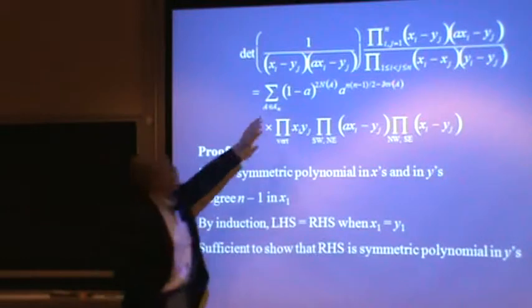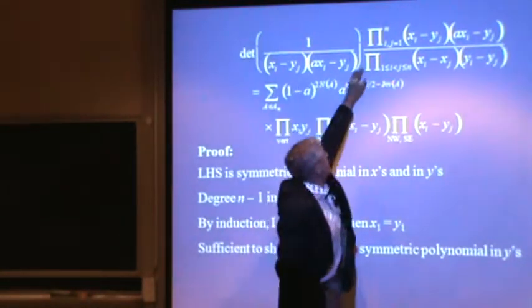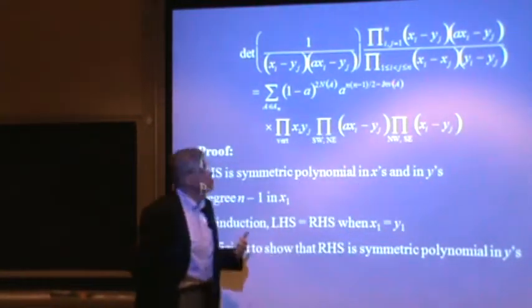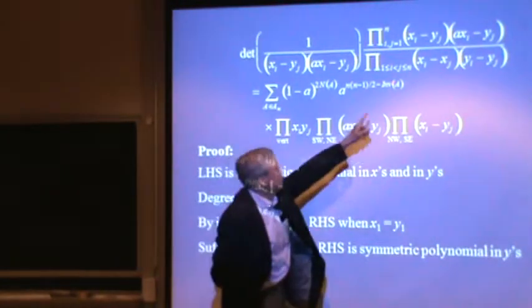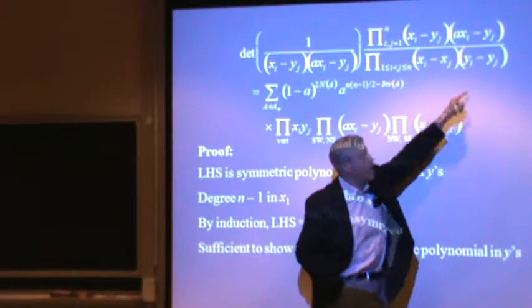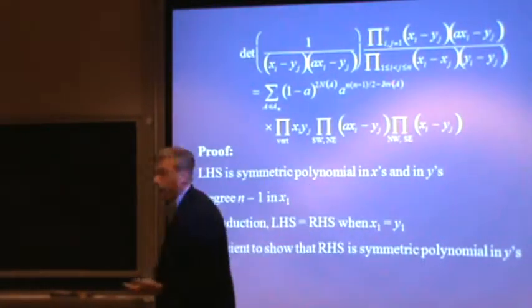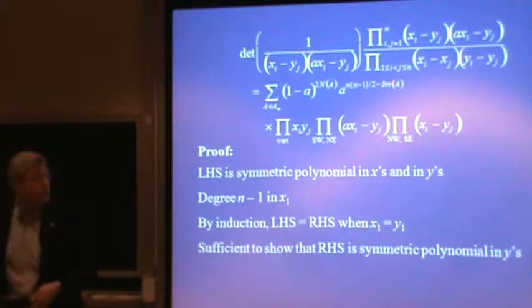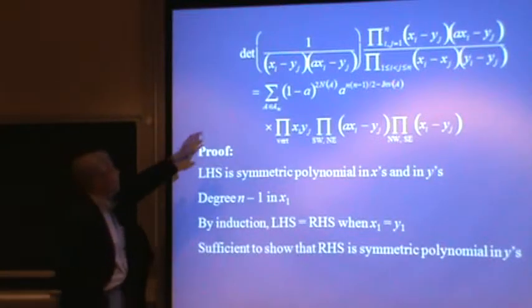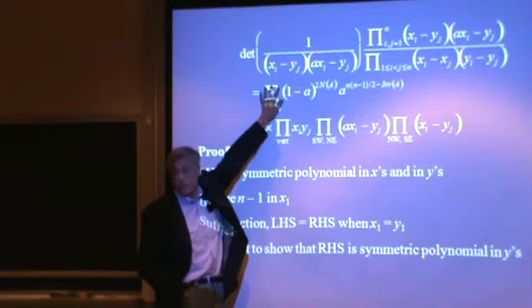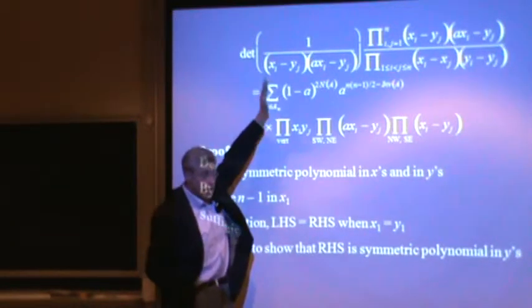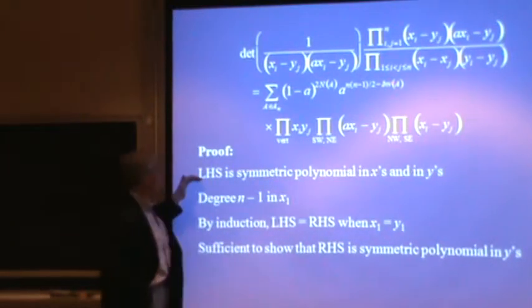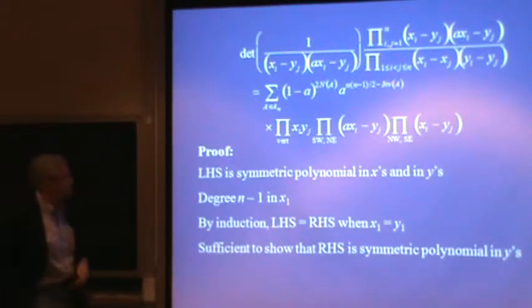And that means that this polynomial that you get when you multiply the determinant by that product is going to be an alternating polynomial in the x's, alternating in the y's, which means that we can divide through by the Vandermonde products in the x's and the y's separately. And that gives us a symmetric polynomial in the x's and a polynomial that's symmetric in the y's. So the left-hand side, trivially, is symmetric in the x's, it's symmetric in the y's.